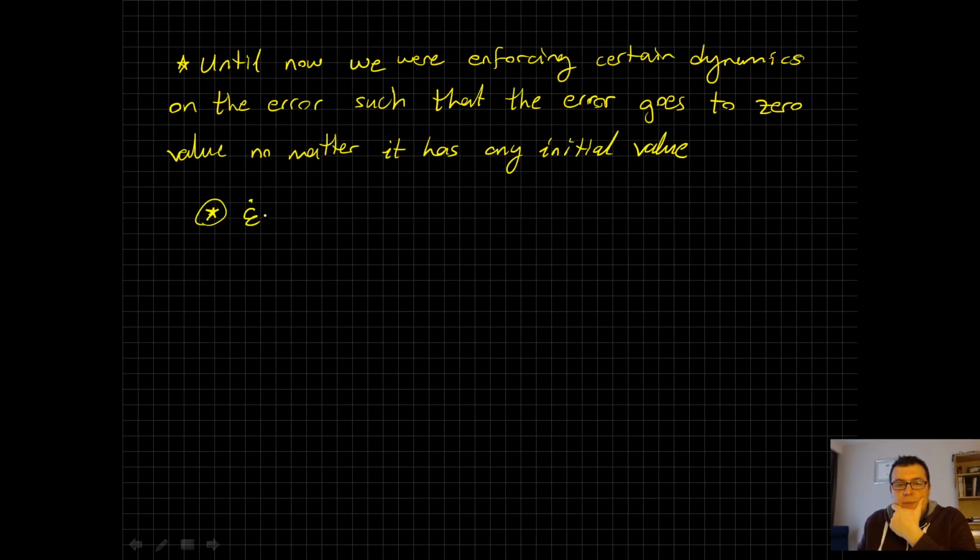So we were either making this E dot plus KE is equal to 0, right? And we were sometimes for the first order systems applying this E double dot plus alpha times E dot plus beta times E is equal to 0.